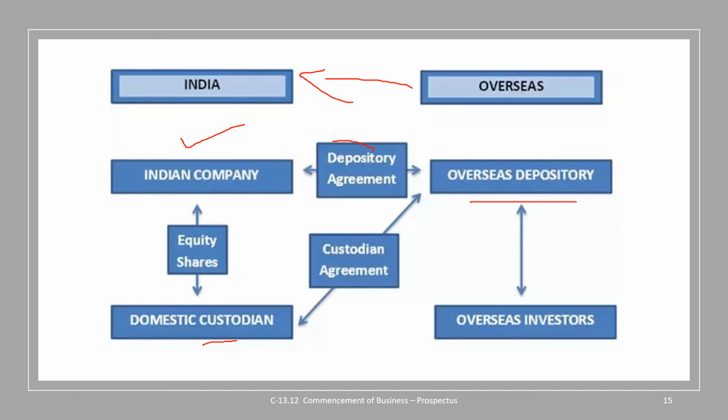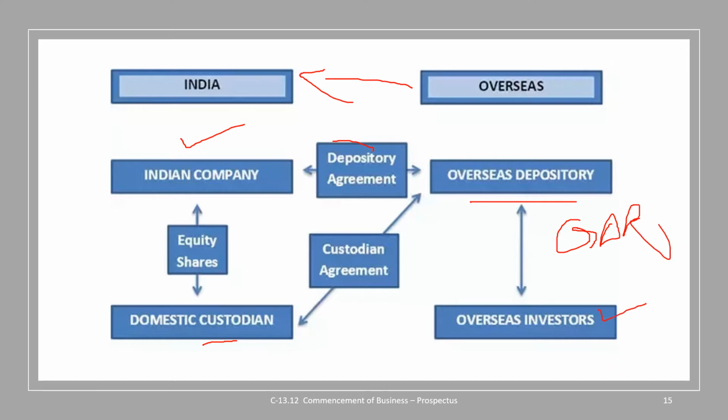The shares will be issued and it will be kept by the domestic custodian on behalf of overseas depository. On the strength of this, overseas depository will issue GDRs to the overseas investors.